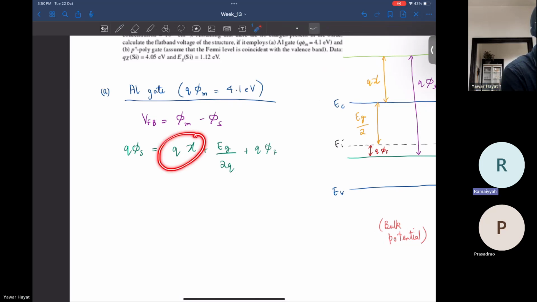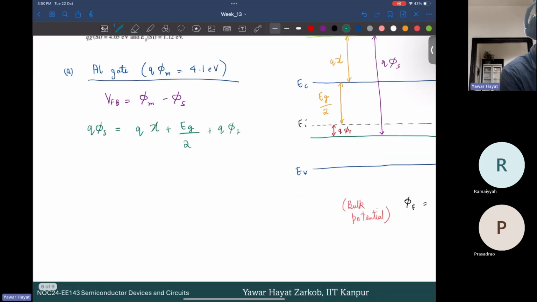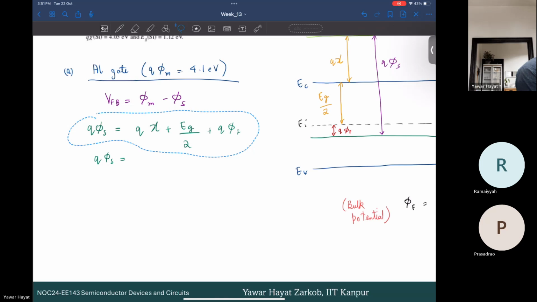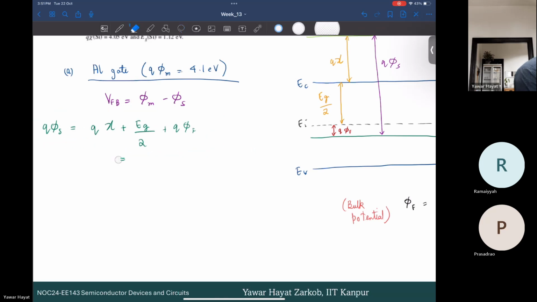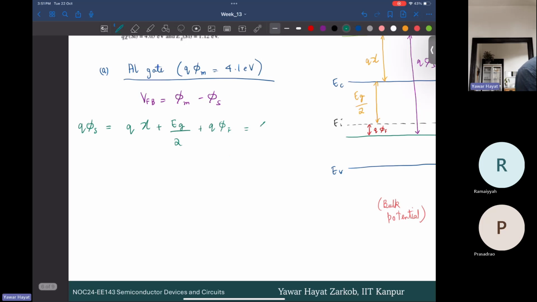Yes. So in that case, Eg by 2 would suffice, right? Yeah. Agreed. We don't need to eliminate that. I just confused it. Here I wrote it as Eg by 2. Okay, now what is the value of Q phi s that you would obtain? This is 4.96 electron volt.